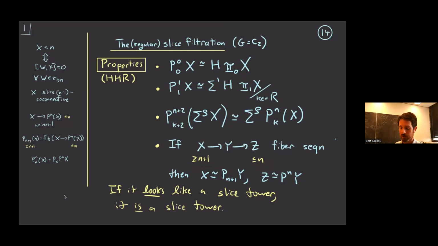Hill, Hopkins, and Ravenel prove that such a thing is in fact a slice filtration. So the thing on the left must be the n plus 1 slice cover of Y, and the thing on the right must be the n slice truncation of Y. So if it looks like a slice tower, it is a slice tower. This is super useful: you just produce something that looks like it might be the slice tower, and then you're done.